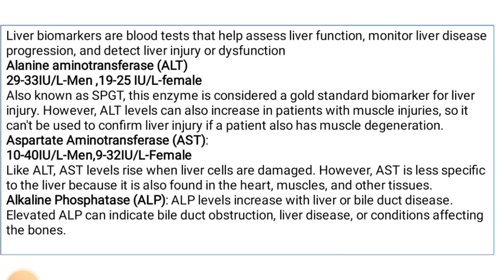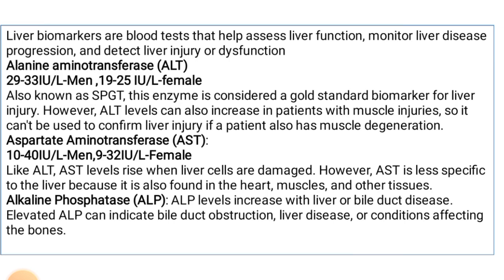The second one is aspartate aminotransferase. It has a level of about 10 to 14 international units per liter in men and 9 to 32 international units per liter in women. These are the normal levels of AST.